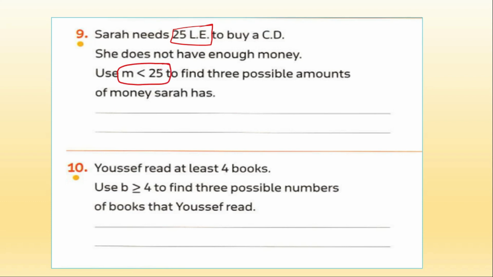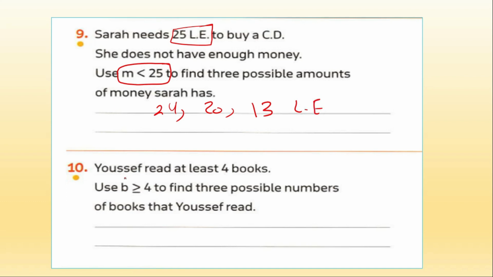For this inequality, you guess that maybe she has any number less than 25. Maybe she has 24, 23, 20, 13, whatever.